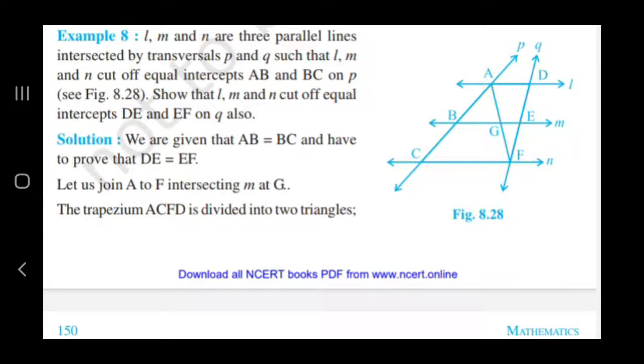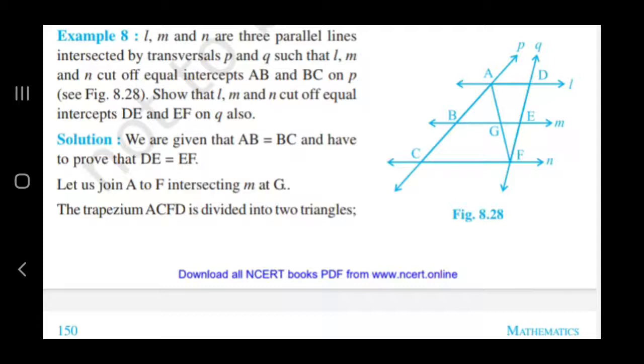These parallel lines are intersected by transversals P and Q such that L, M and N cut off equal intercepts AB and BC on P. Consider the transversal P. It is given that AB equals BC.